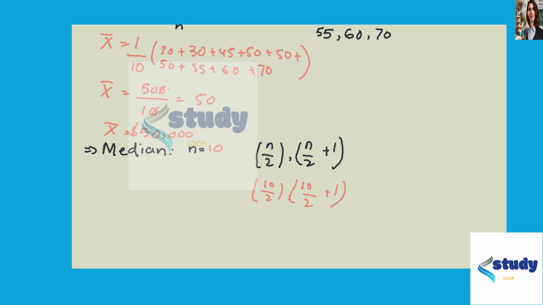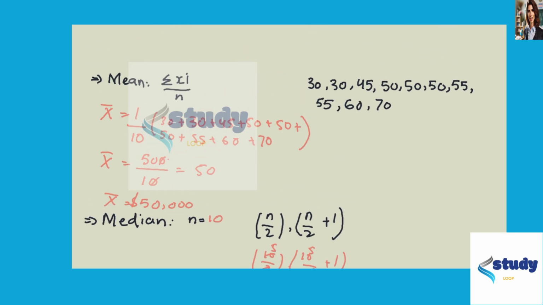So here we get 5 and 6, meaning the fifth place and the sixth place, if the data is in ascending order. This data is already in ascending order. So let's find the fifth place and sixth place.